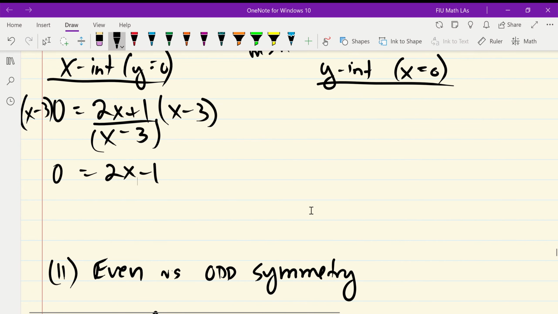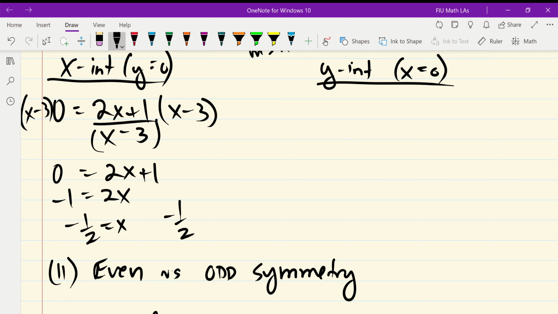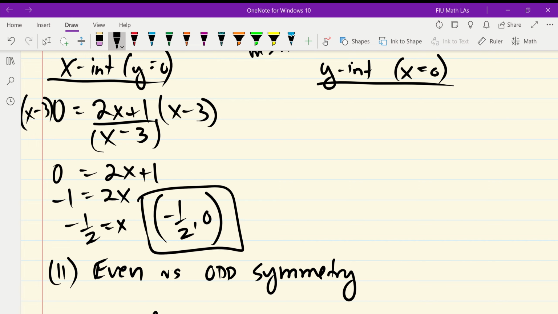To solve this, we subtract 1 from both sides. I get negative 1 equals 2x, so now I get negative 1/2 equals x. And so I get negative 1/2, comma 0. This is going to be my x-intercept.